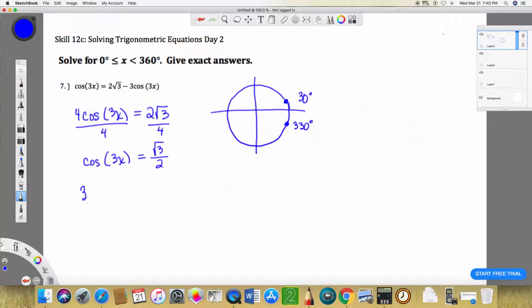Let's take this 3x and set it equal to 30 degrees, and any angle that is coterminal to that, so we'll add integer multiples of 360. Now, for this other point, let's take this 3x and set it equal to 330 degrees and any angle that is coterminal to that.